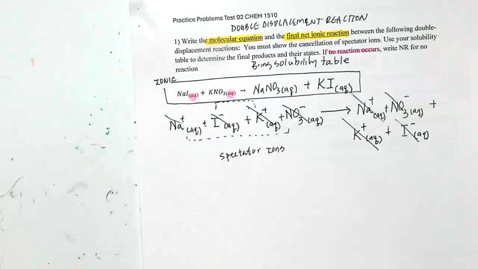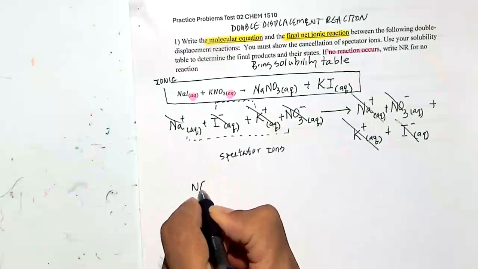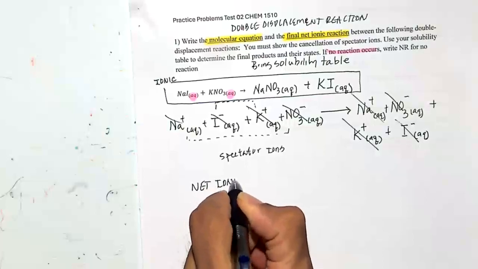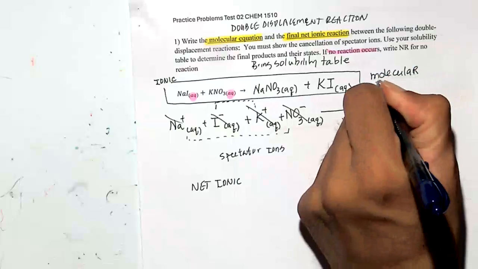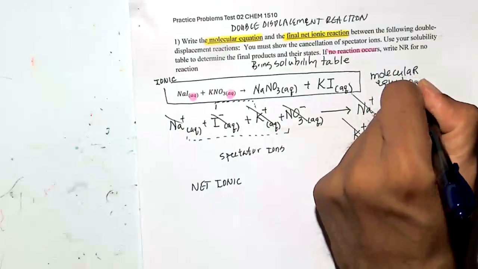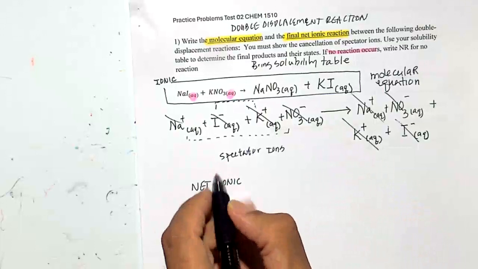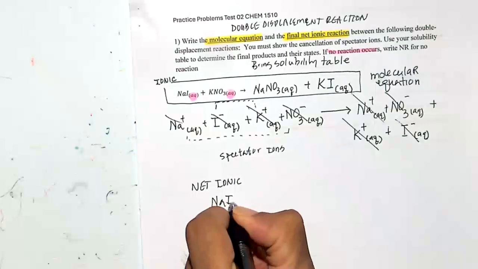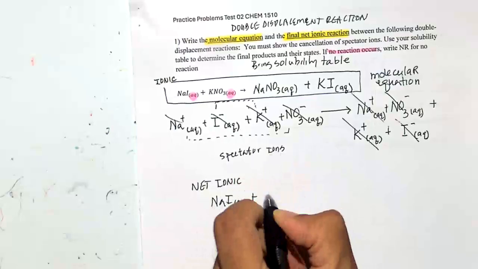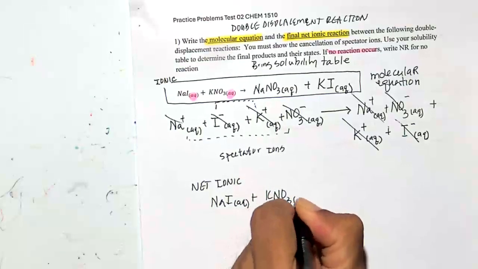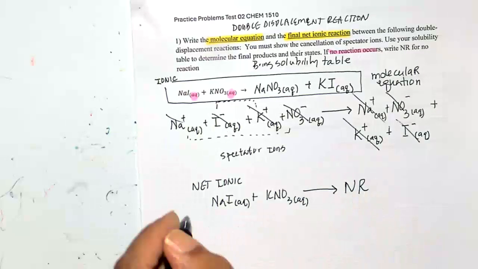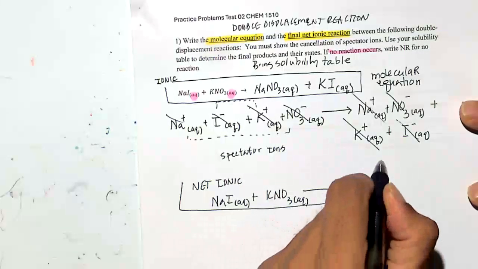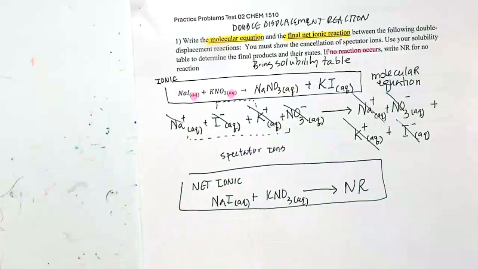So you would write this again for the net ionic. This here's the molecular equation. The net ionic would be, just write our reactants again, and then you would write NR, for no reaction. So these are the two answers to this test question. No reaction.